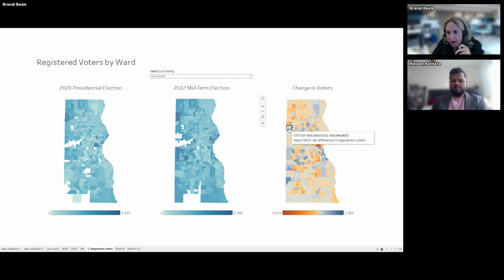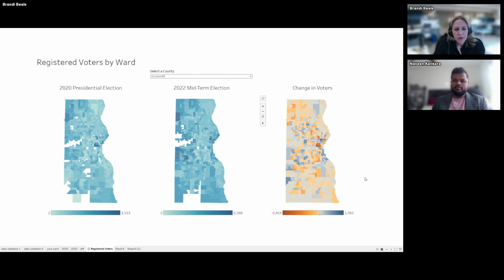Some of these wards are null because we didn't have records from either. There were no voters in one of these two election cycles, and therefore the difference couldn't be calculated. So these gray areas represent the fact that there's literally no data to do the calculation.